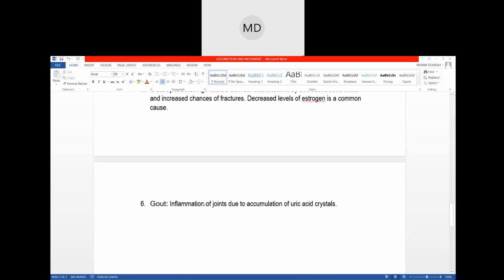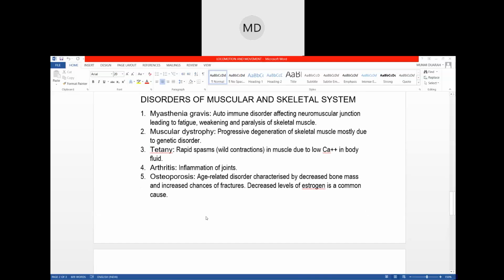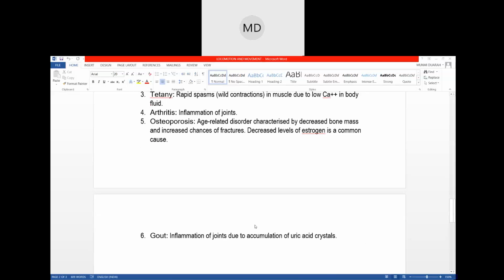And then the last is gout. It is an inflammation of joints, a little bit like arthritis, but in this disease there is accumulation of uric acid crystals. Crystals means small particles, you can say.